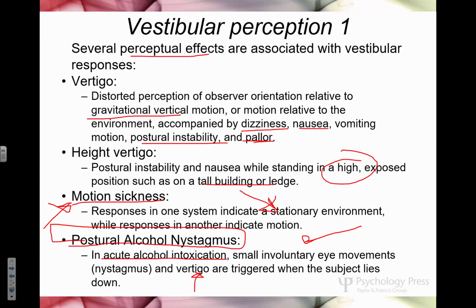What is acute? Like, what's the difference between acute alcohol intoxication and stumbling down the path? Because I don't know that there is. I think what this means is this is not someone who's drinking all the time and is constantly intoxicated. It's temporary.